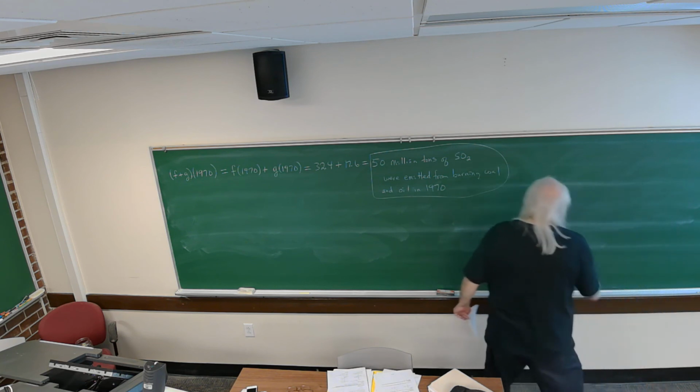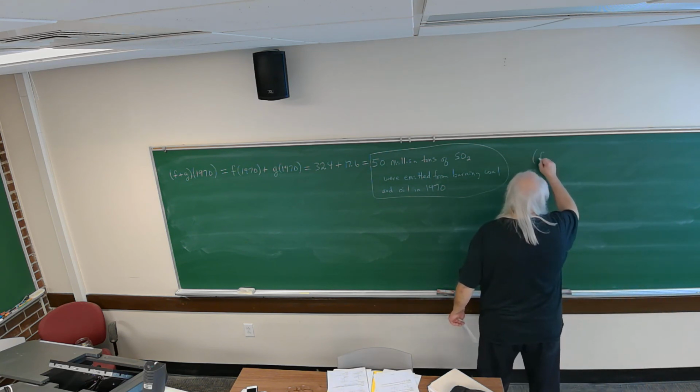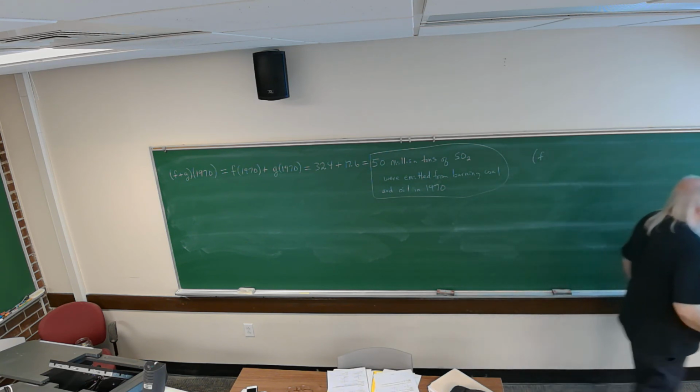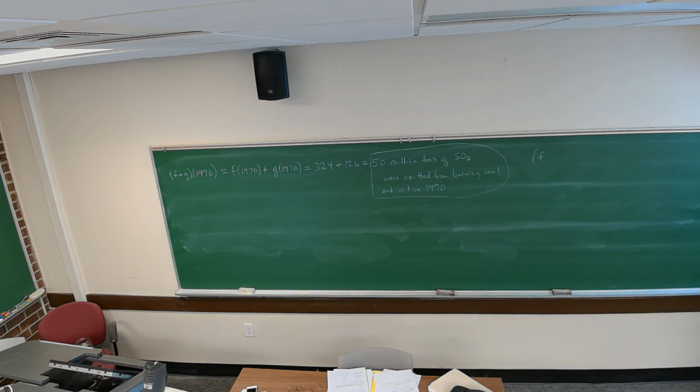So, we denote the composition of the function f with g by this notation. This open circle here is not a multiplication. This is what's called a composite operator. So you're taking the composite of function f with g as a function of x. By definition, that's equal to f of g of x. Okay?